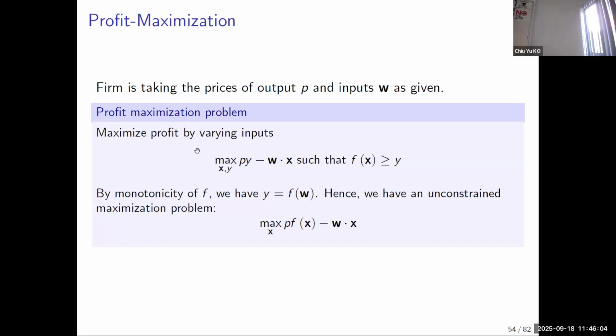So this problem seems complicated, but you don't throw away your output, F is monotonic, so we have equality. Because of equality, you can replace Y by this. So that becomes a very simple maximization problem without any constraint. This is the first class in calculus, right? There's nothing deep here.